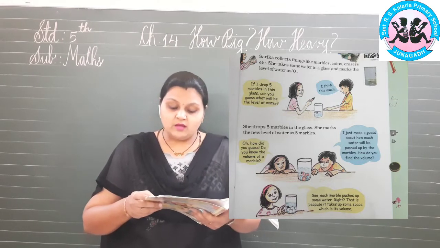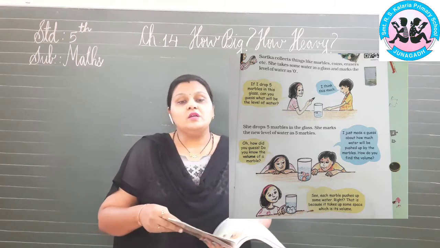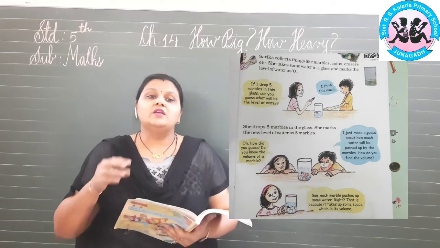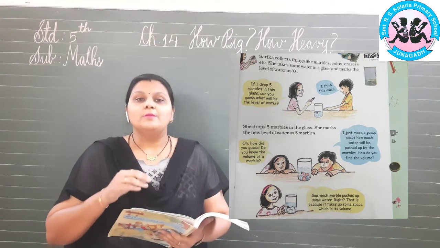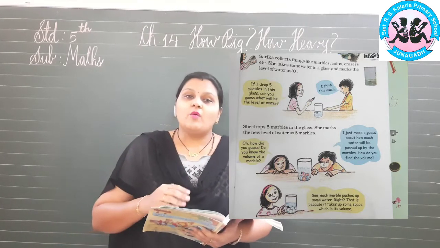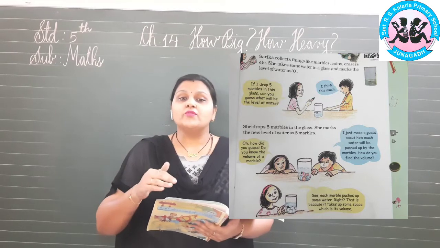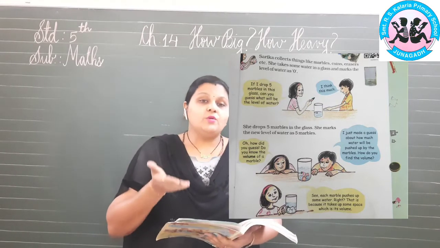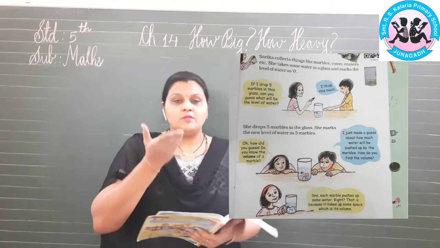How do you find the volume? Now children, if we put anything in a glass of water, it will require a place to be in the glass. So to make the required place, the volume of the water will come up, or you can say the level of the water will come up.